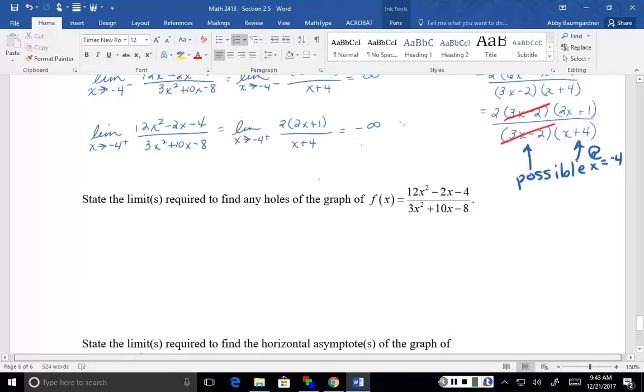Well, we've already done this work. We know that 3x minus 2 is the piece that canceled, so that's where our hole occurs once we set it equal to 0 to determine the number.